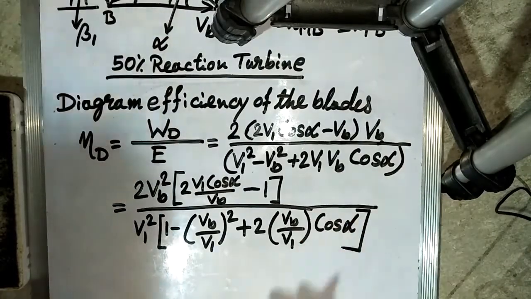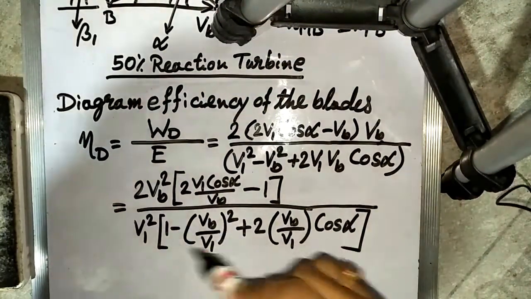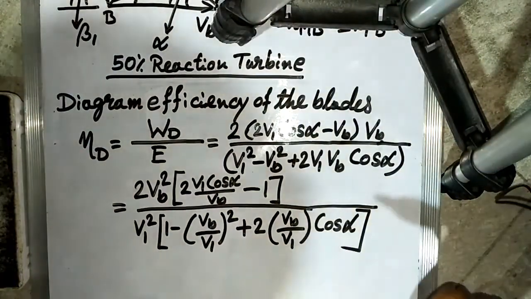So we can write the above equation in terms of the ratio of V1 by VB.